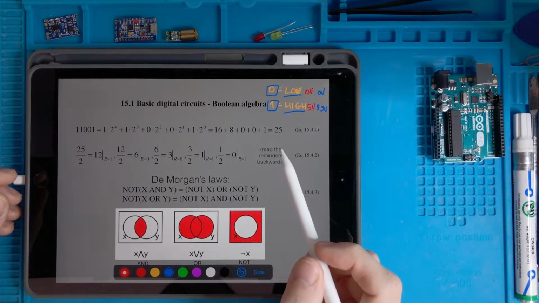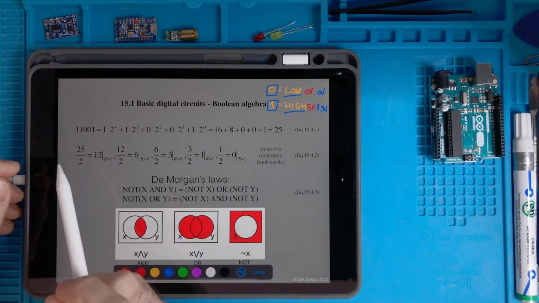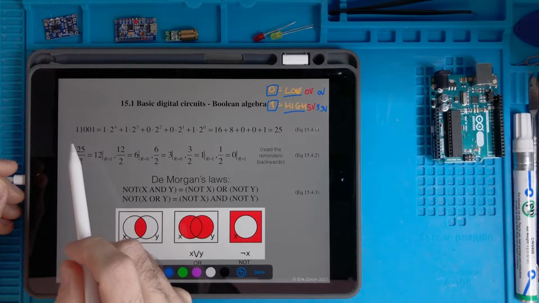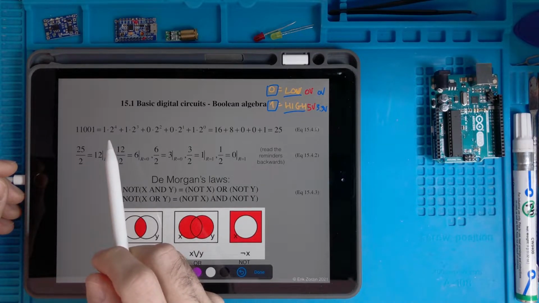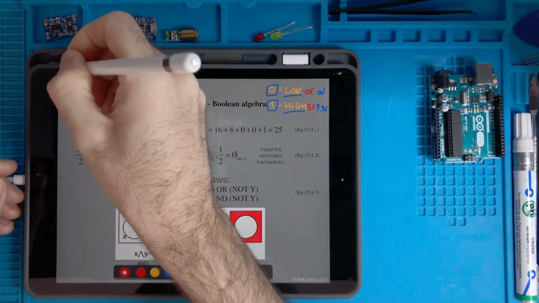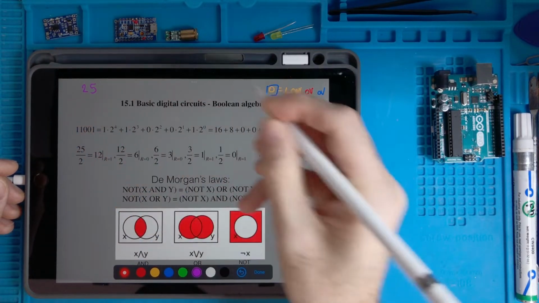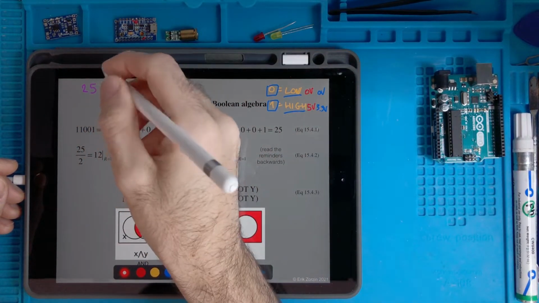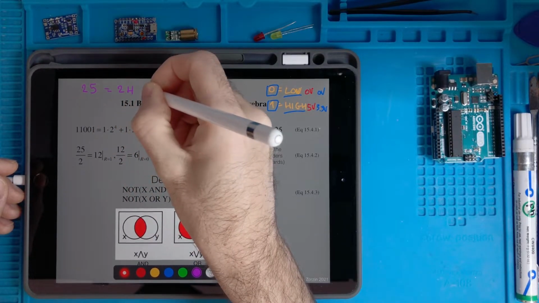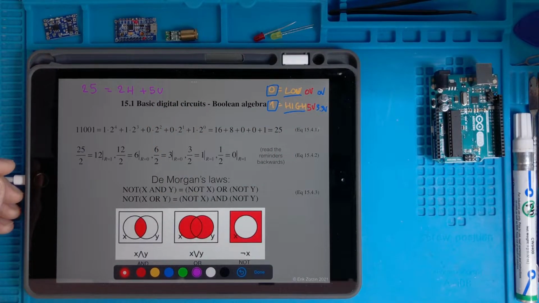So here we have an example of how we can represent a number in the so-called binary code. It's very similar to what we do for decimal numbers, because if I say, for instance, the number 25, 25 is 2 tens plus 5 units.